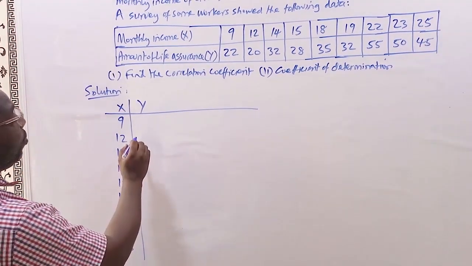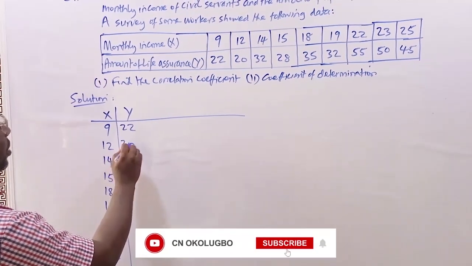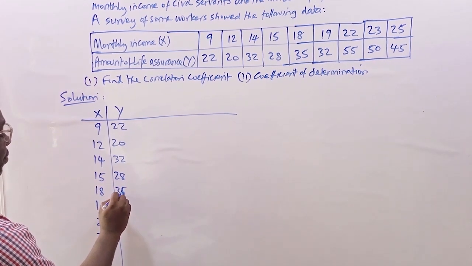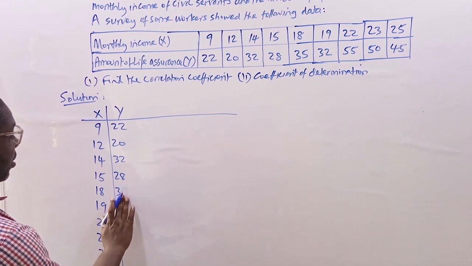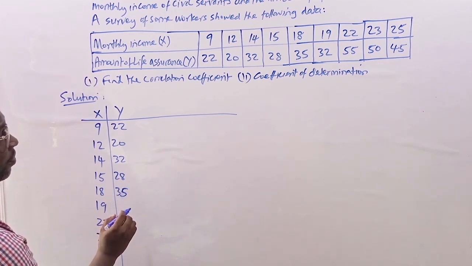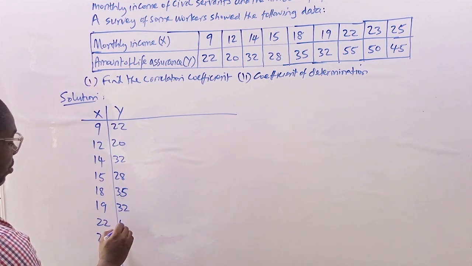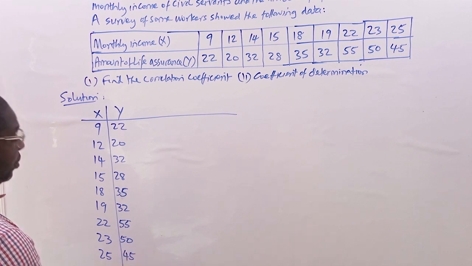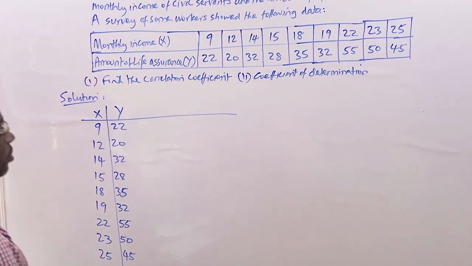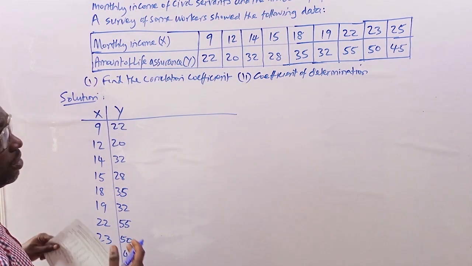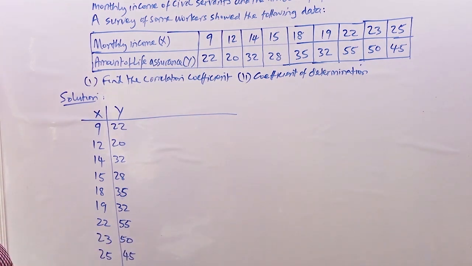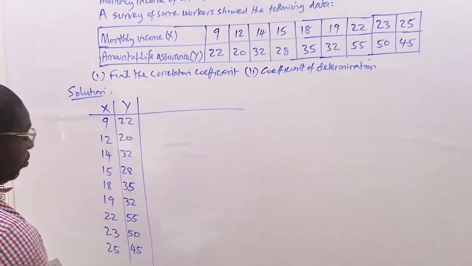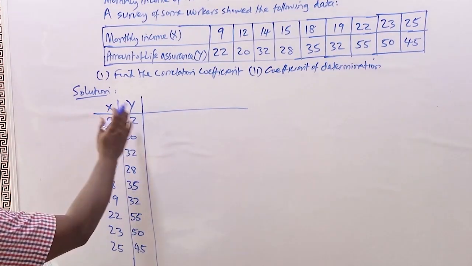For y, we have 22, 20, 32, 28, 35, 32, 55, 50, and then 45. These are scattered values. We then want to find out what the relationship between income earned and the life assurance policy is.